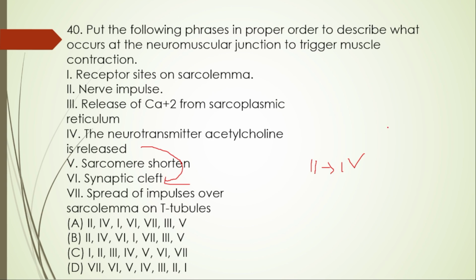Next one is after the 4, 6. Next, receptor sites on sarcolemma. Next comes 1. After that, spread of impulse over the sarcolemma on T tubules.